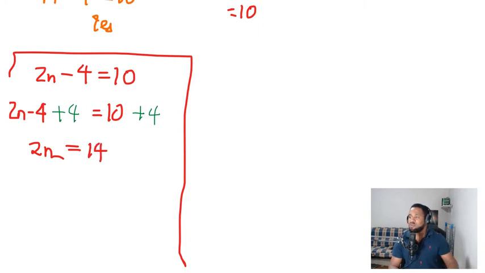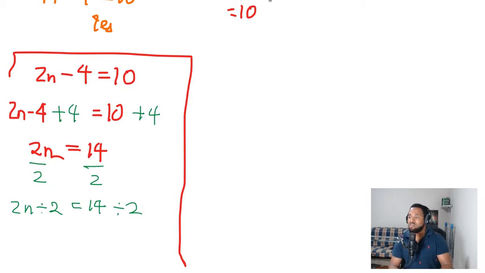And so once you have 2n, which means that we're going to be dividing both sides by 2, that is what we're going to have right here. Divide by 2 and divide by 2, or you can write 2n divided by 2, and it is equal to 14 divided by 2.